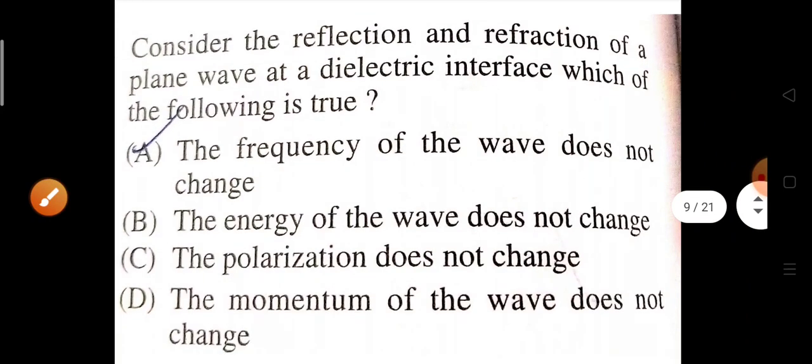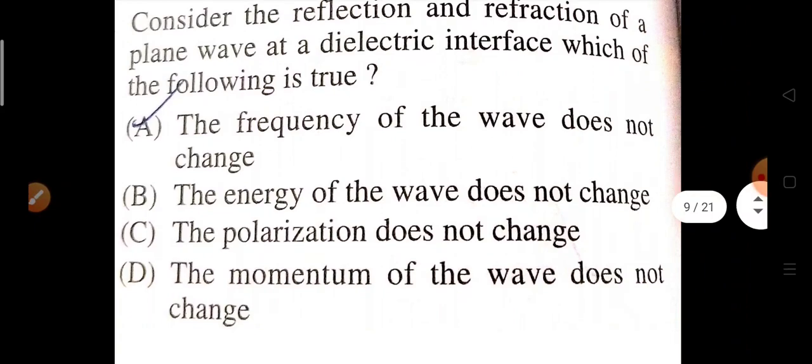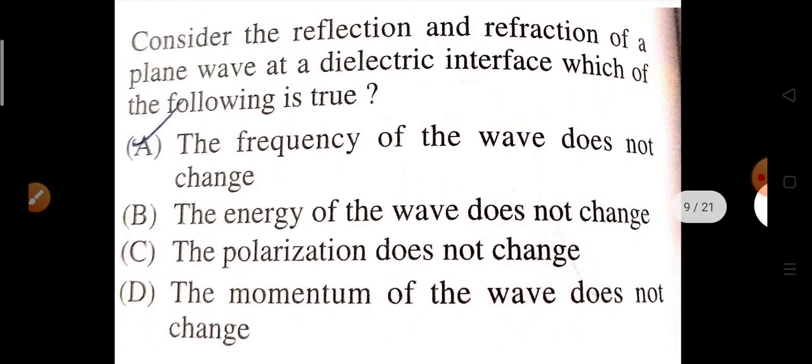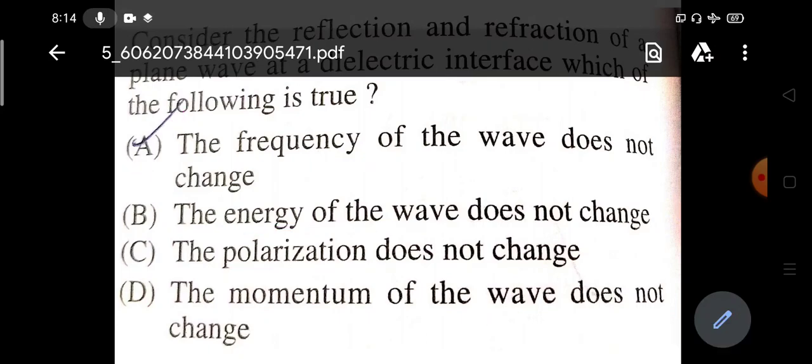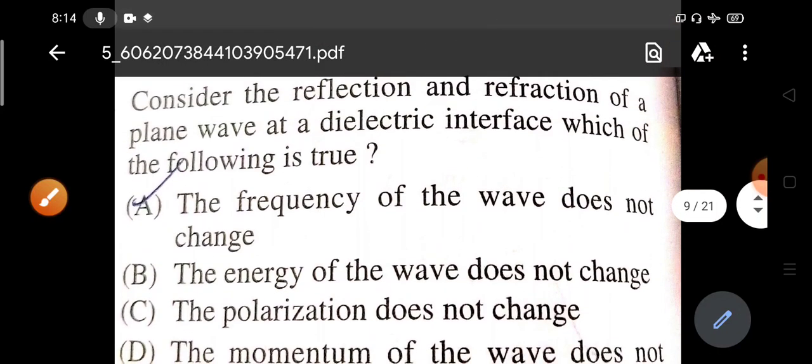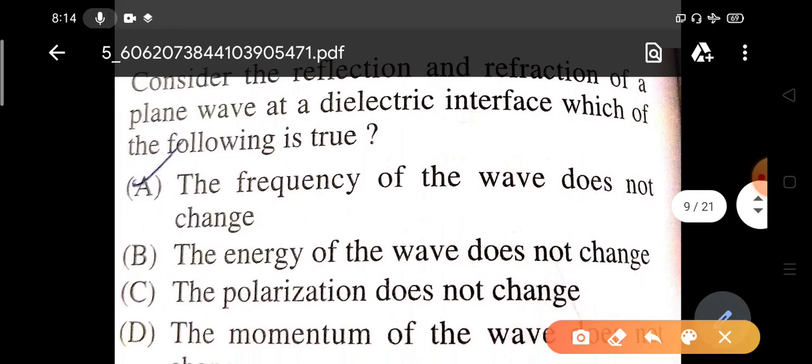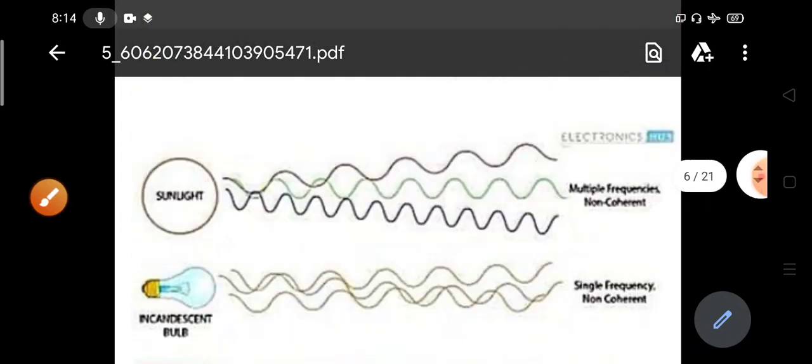Now next question, consider the reflection and refraction of a plane wave at a dielectric interface. Which of the following is true? The frequency of the wave does not change, the energy of the wave does not change, polarization does not change, or momentum does not change. Always remember that upon the reflection or refraction of a plane wave at the dielectric interface, I have also downloaded a picture here.